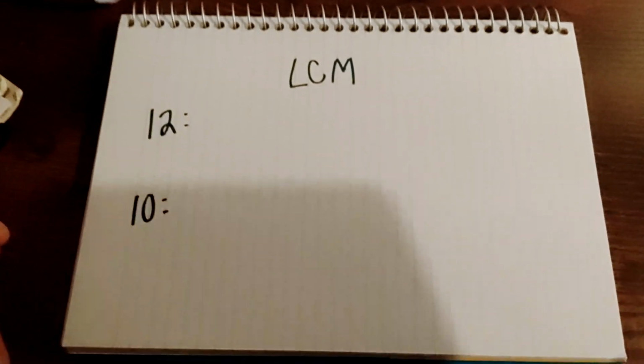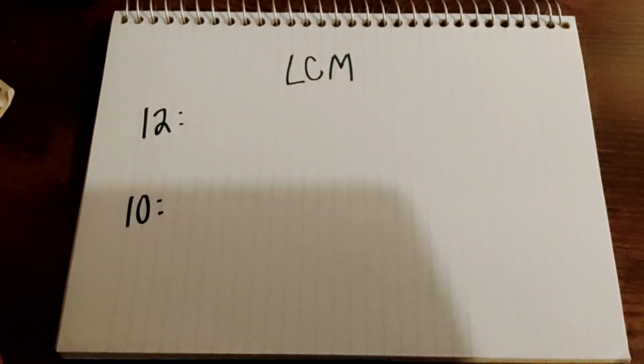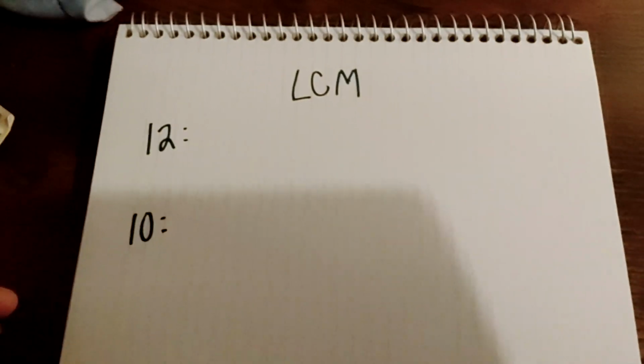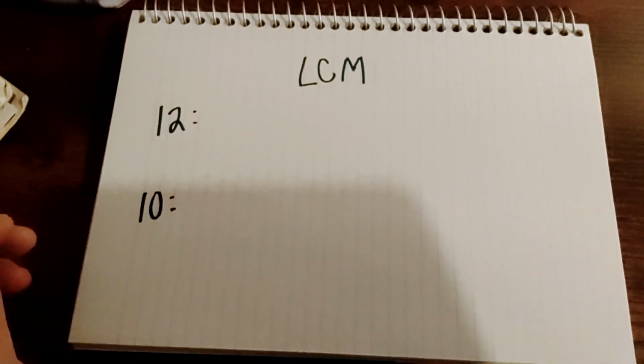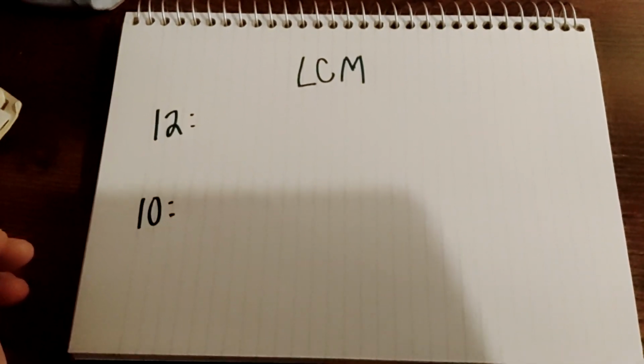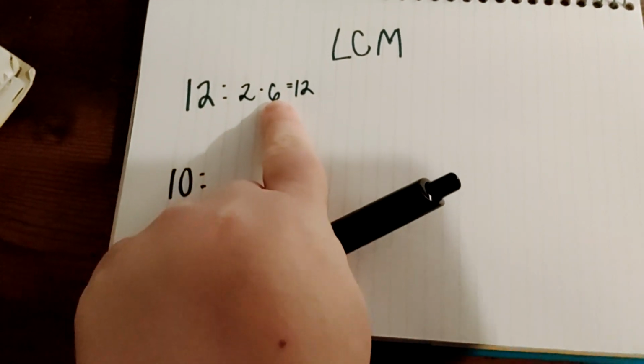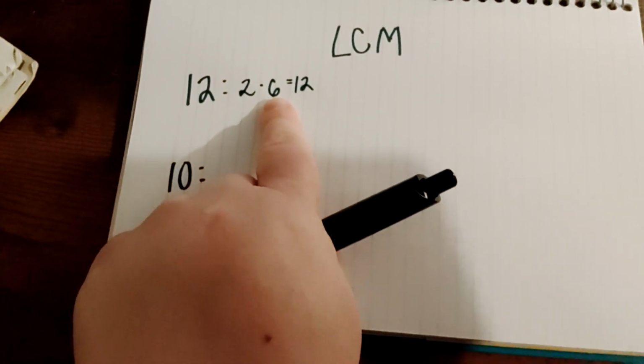To find the least common multiple, it is a process, but if you follow the process, you'll find the answer you're looking for. So let's get started. First, we're going to list the prime factorizations for each number. For 12, we write 2 times 6 equals 12. Is 6 a prime number? No, it's not.